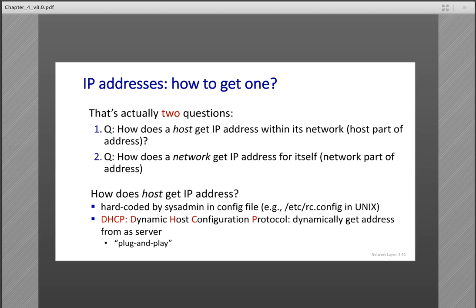Maybe you assign an IP address by hand, manually. But in today's network, we have a special service, we call it DHCP, Dynamic Host Configuration Protocol.